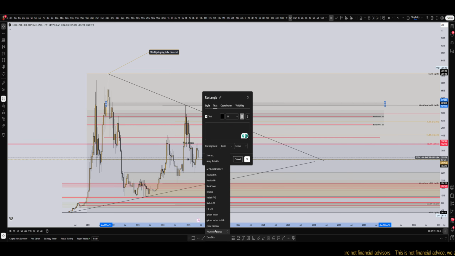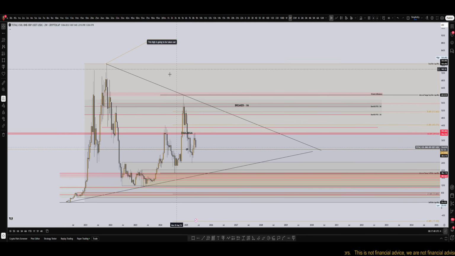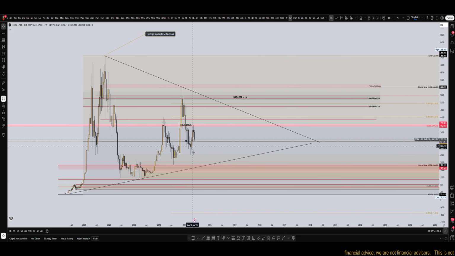Volume imbalance here. I'm definitely going to do this chart alone for today, because it's going to take some time for me to do all of those live. But I do enjoy it. Hopefully you guys will like it as well, because it gives us a glimpse of what we are going to be seeing going forward.